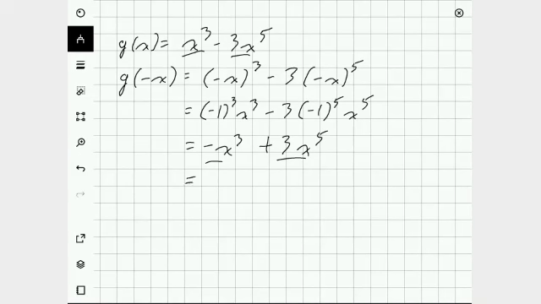So I can factor out a negative 1, leaving me with x cubed minus 3x to the fifth. So this is the opposite of g of x, which is exactly the conclusion we said we needed to come to have an odd function.